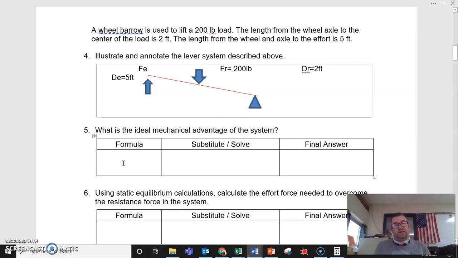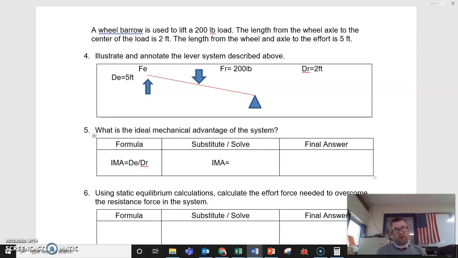What's the ideal mechanical advantage of the system? That is going to be IMA. So IMA equals DE, effort distance, divided by DR, which is resistance distance. I'm a deer is kind of the slogan or the saying for that. So substitute and solve.